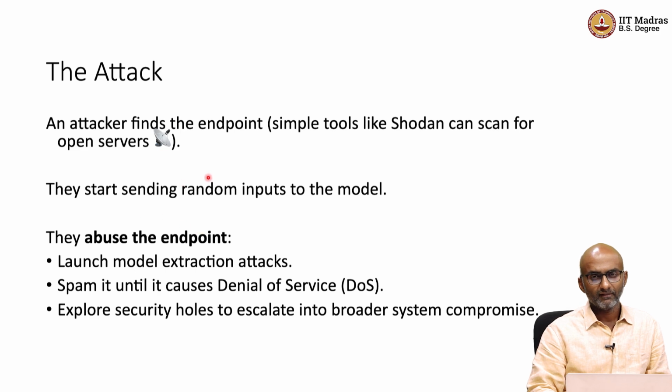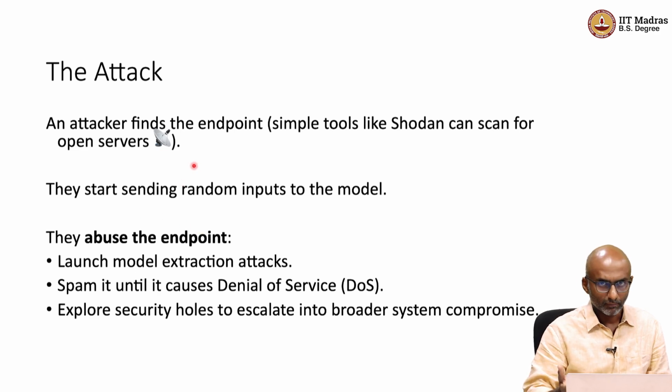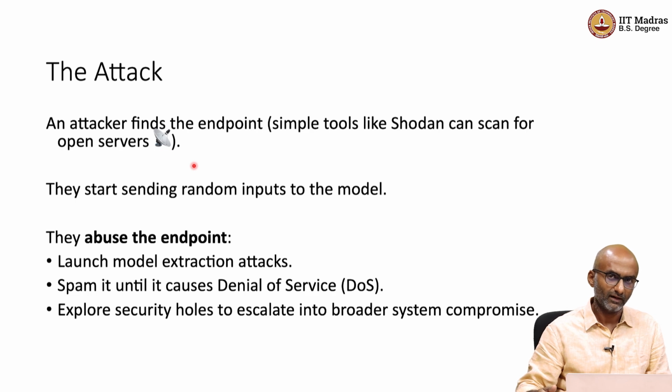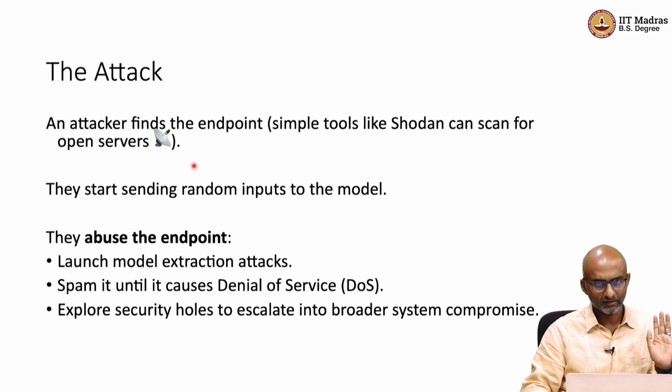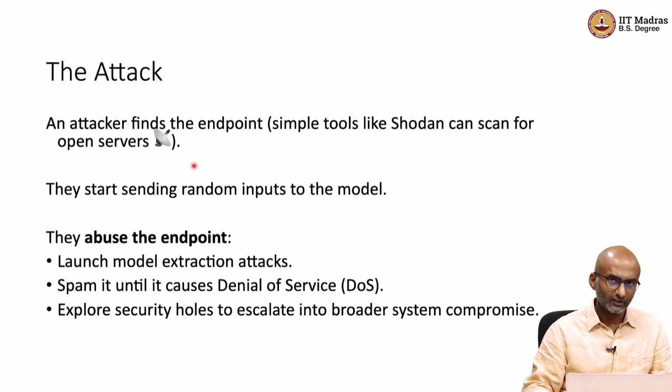So then, having found that public endpoint for your GKE model, they can start sending random inputs to this model. With the random inputs, they start extraction attacks, right? So the abuse of the endpoint starts happening. Once the model has been extracted to a successful degree, then they can start doing DOS attacks on top of it. DOS attacks are thwarted by simple mechanisms like preventing IP addresses from a certain range to access.